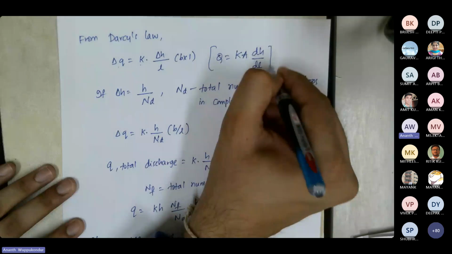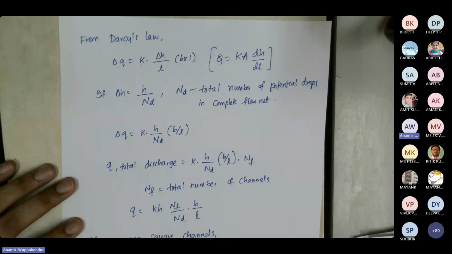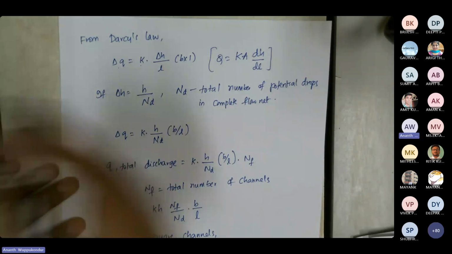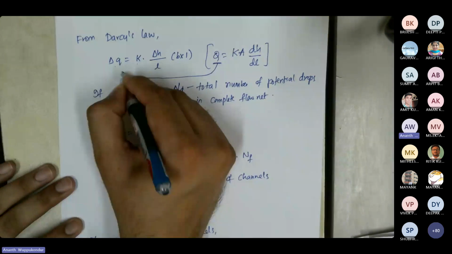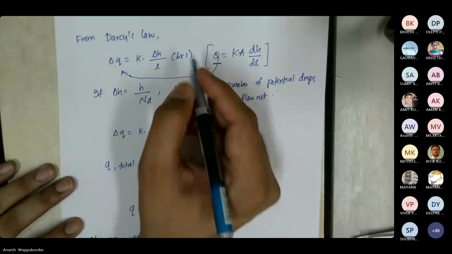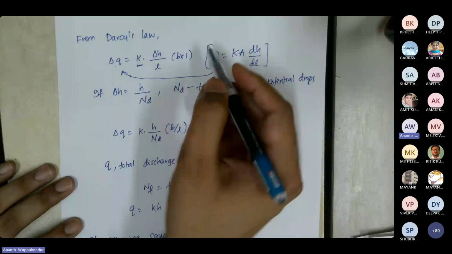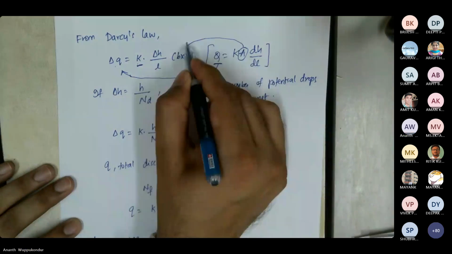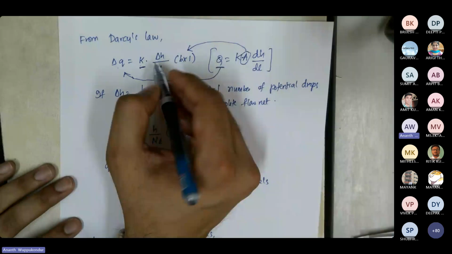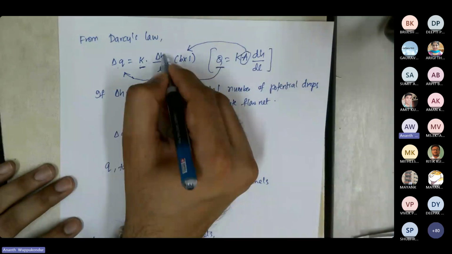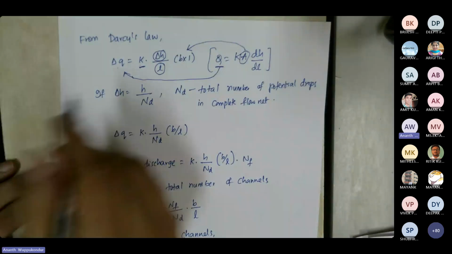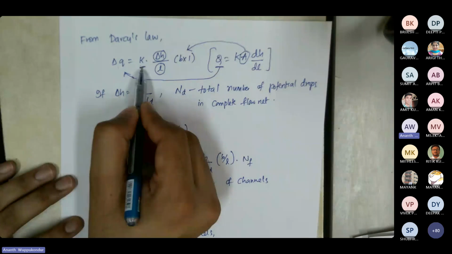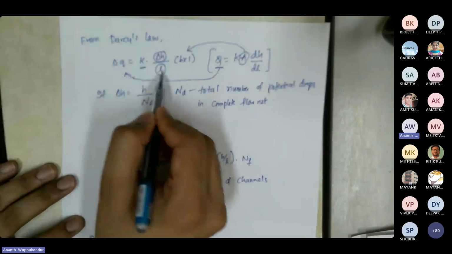Since we are interested in a small elemental area, I'm replacing Q with delta Q, and K remains the same. The area is B times 1, and the head drop is delta H over a distance L. So the flow rate is delta Q equals K times delta H by L multiplied by B.